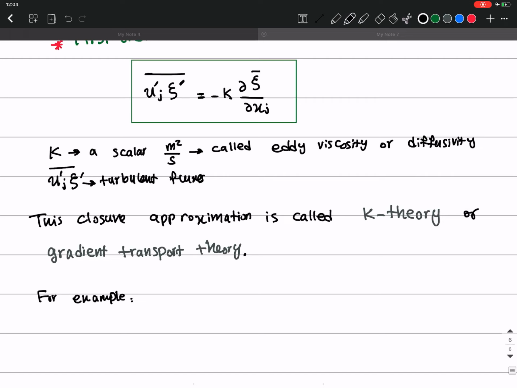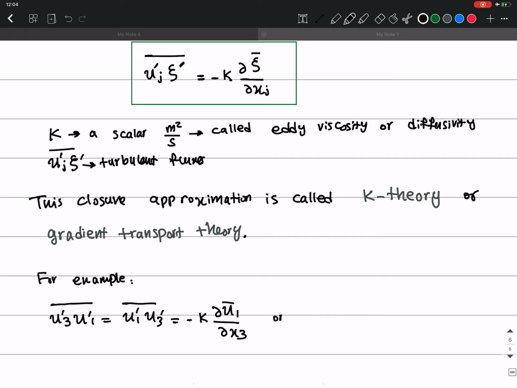For example, for velocity, u prime 3 u prime 1 equals u prime 1 u prime 3, right, from symmetry. And this will be minus K partial u bar 1 over partial x3.